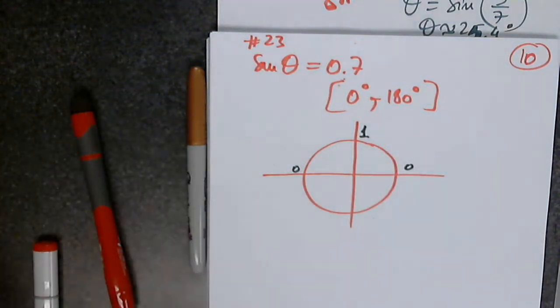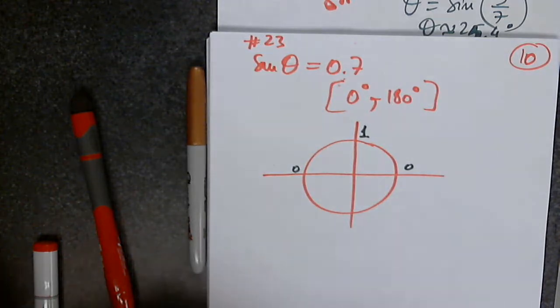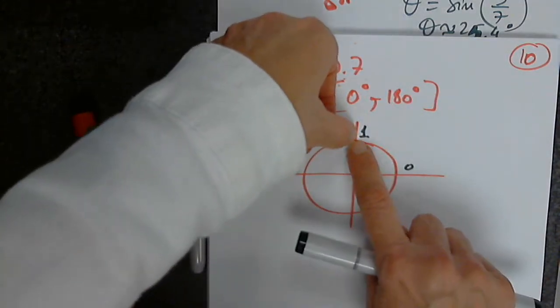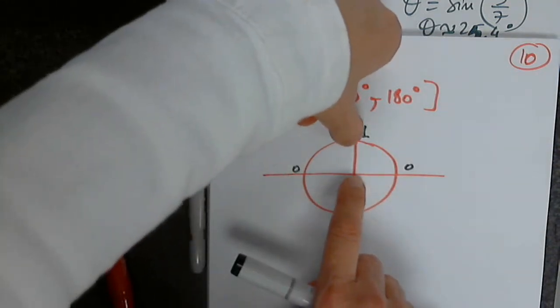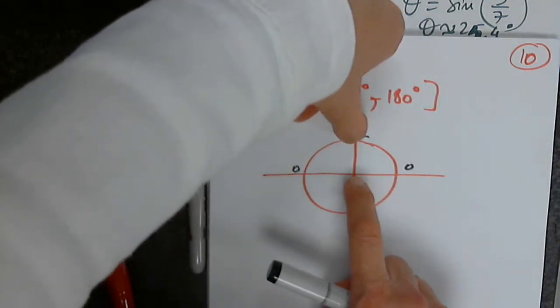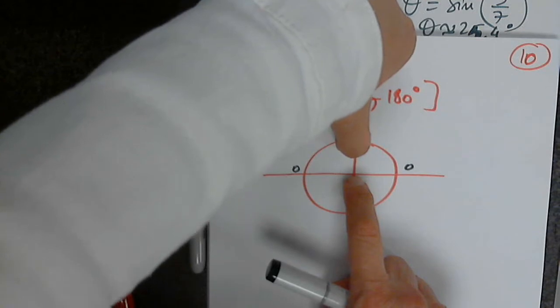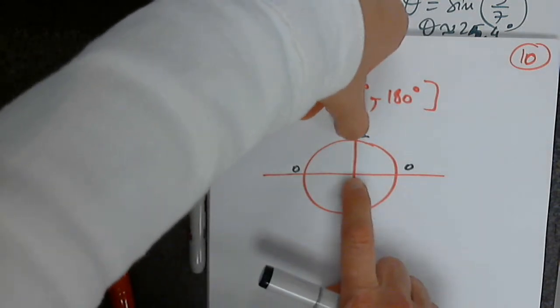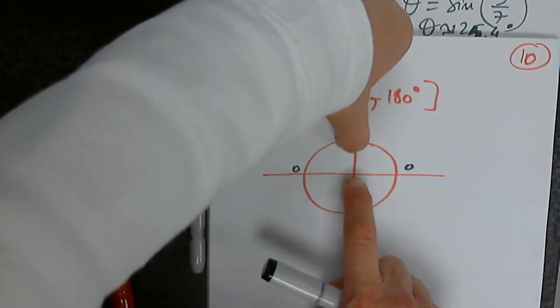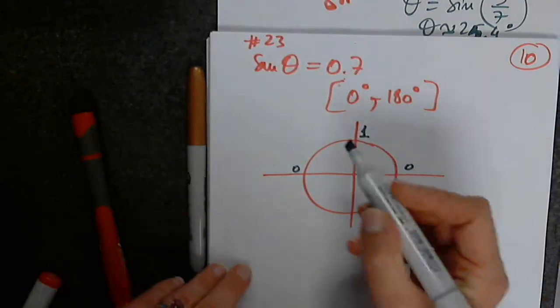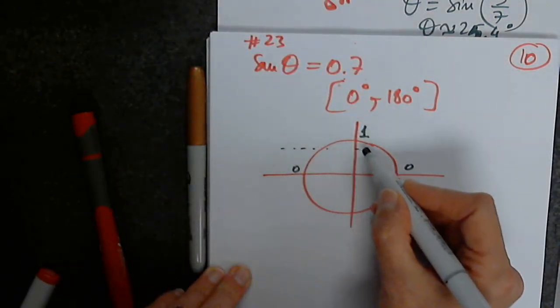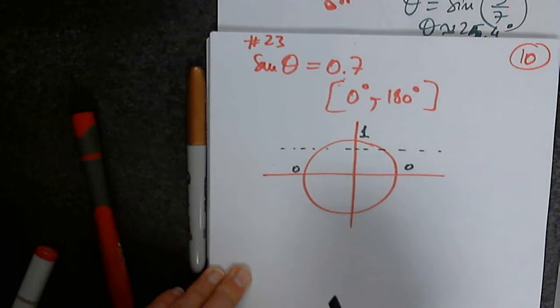Where do you think this angle is, roughly? So closer to this, right? Because this is a height of 1. A height of 0.7 will be roughly here, right? If you say, well, this is 1, this should be 0.7. Would you agree? Okay.